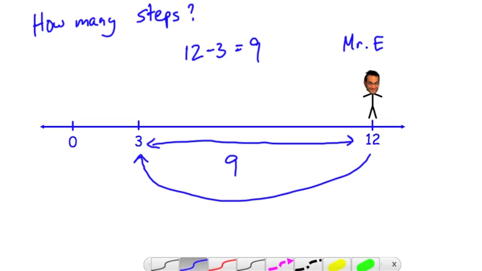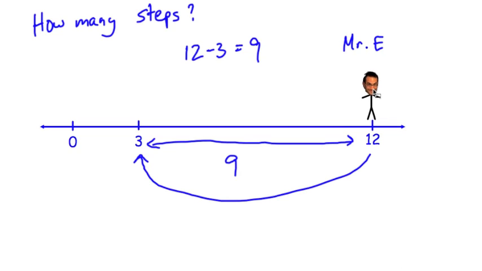It's easier to just subtract. From 12 to 3 is 9 steps. That is incredibly easy. And if you can understand that, instead of counting from 12 to 3, we could just subtract, and it's 9 steps. If you can understand that, then you're going to do really well.